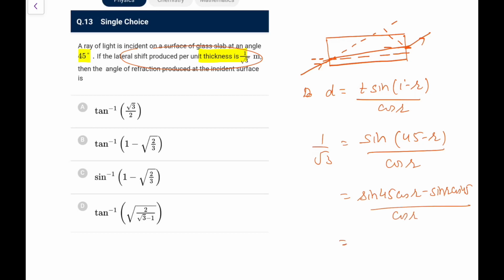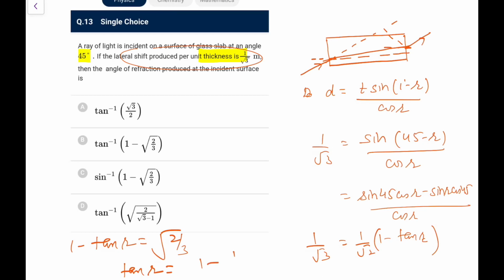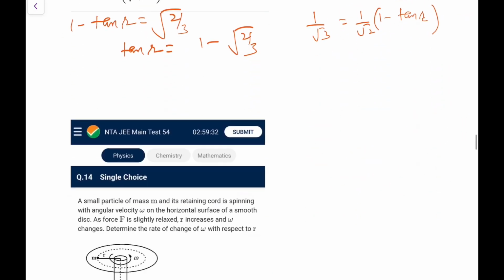So what I get, sin 45 is 1 by root 2, cos r cancels, and this is what I get, tan r. This will also be 1 by root 2. Let's take it common, that is 1 by root 3. So what I get, 1 minus tan r is equal to root of 2 by 3. So tan r is 1 minus root of 2 by 3. So now you can make out what option you will search for. This is option B. So just remember, with this result, we generally advise students to remember this result.